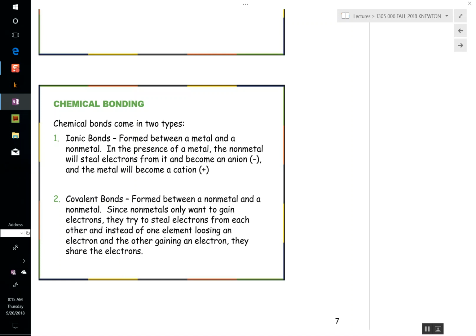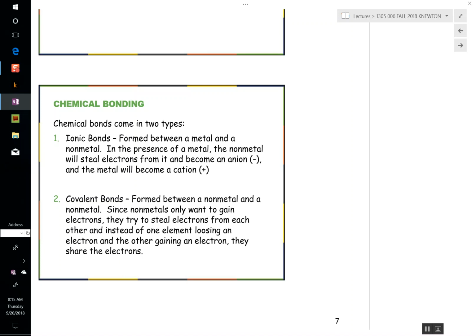Covalent bonds form when you have a nonmetal reacting with another element close to it: carbon monoxide, carbon dioxide, nitrogen oxide, dinitrogen or pentanitrogen dioxide, sulfur dioxide, sulfur trioxide. Okay?